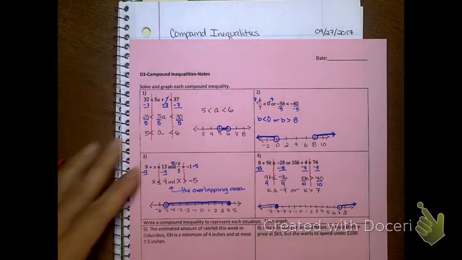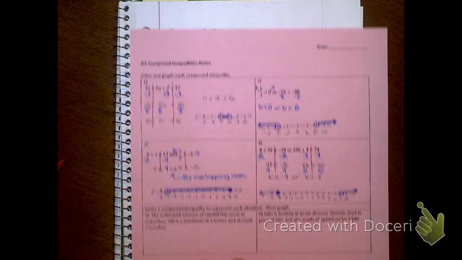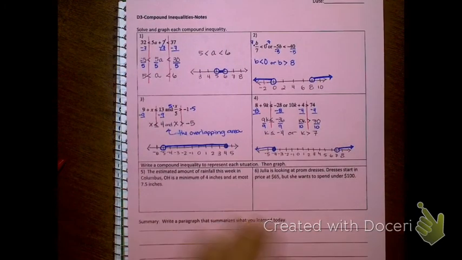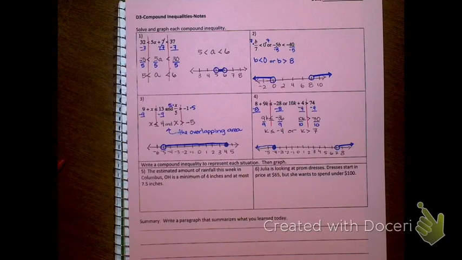All right. Okay, let's take a look at some of the word problems here, okay? It says write a compound inequality to represent each situation, then graph. So what we're trying to do is write a compound inequality and then graph it, okay? Let's take a look at problem number 5.